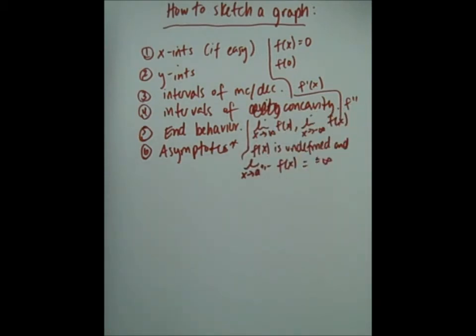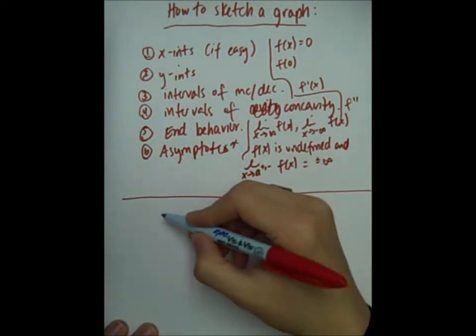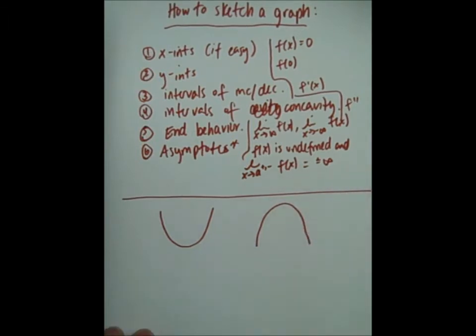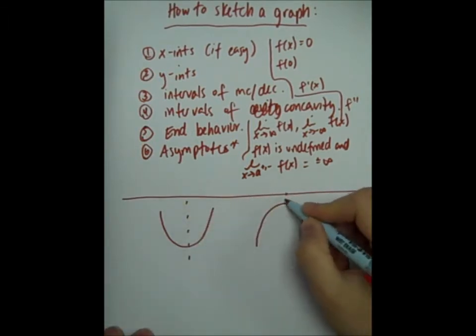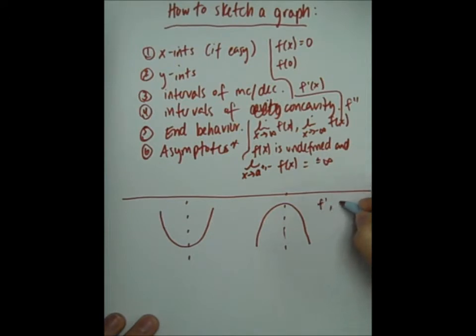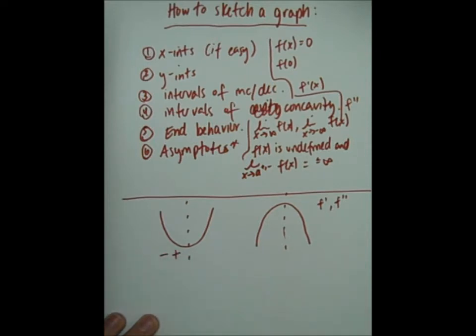So a little bit of notation. In curve sketching, there's kind of two shapes to curves. I either have a bowl shape or an upside down one. I'm always going to put f prime first and then f double prime. So on this one, the slope is negative, but it's concave up. So I'm going to put negative plus.